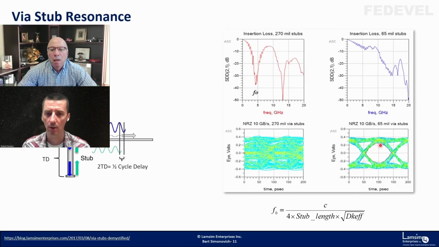So how much loss is acceptable usually? Well, that depends on a lot of things. At the end of the day, what matters is how open your eye is. As we go up in the bit rates these days, there's equalization that compensates for the losses.